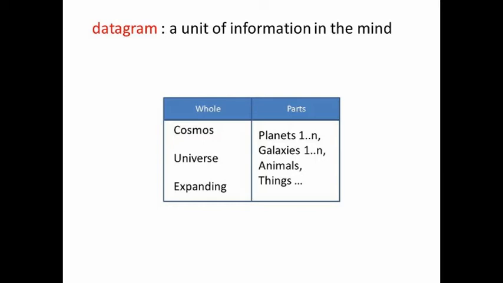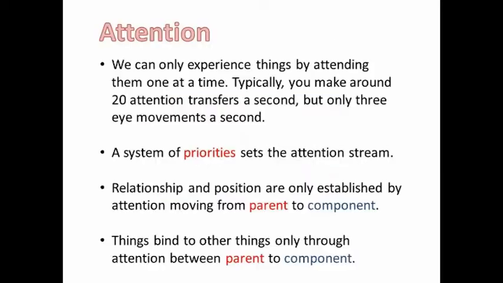It depends on which one you want to put as definition and which as a name. And for example, it's expanding. It's what's happening to it. And the parts, we have all galaxies, planets, animals, things, everything in that. It has all sorts of things we can put in it.